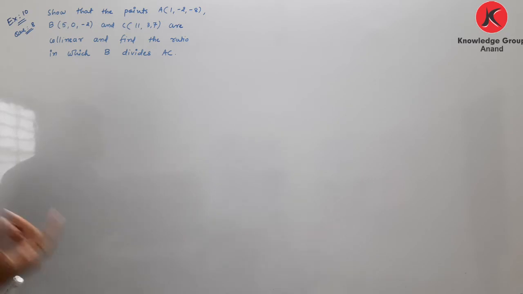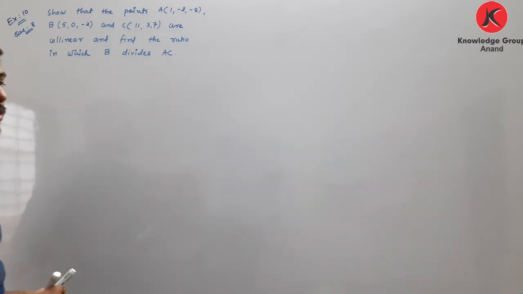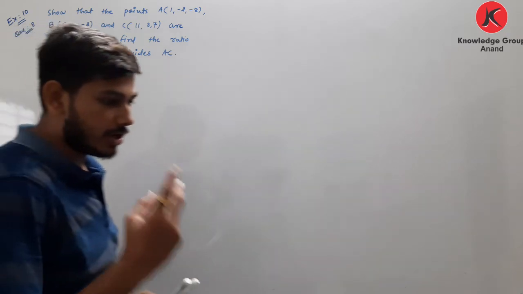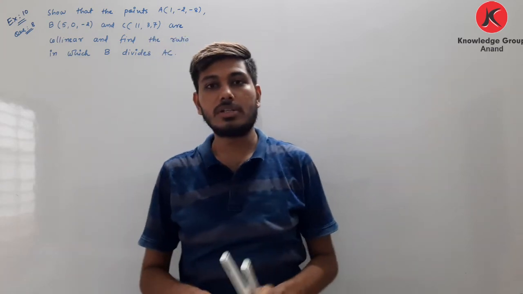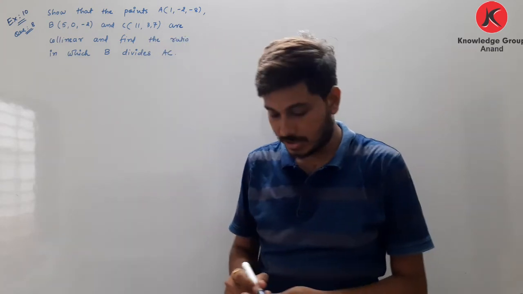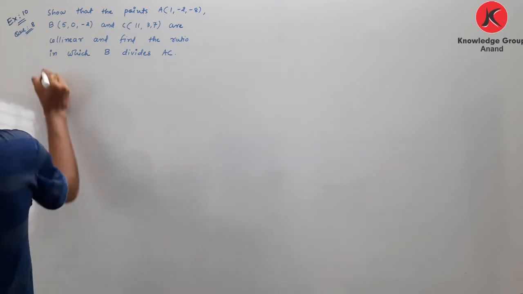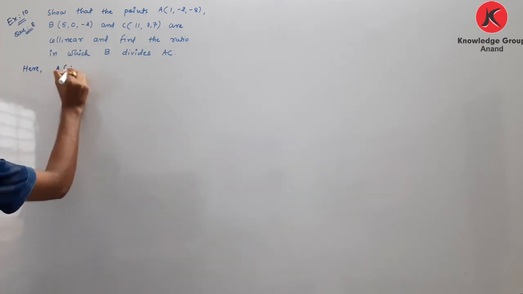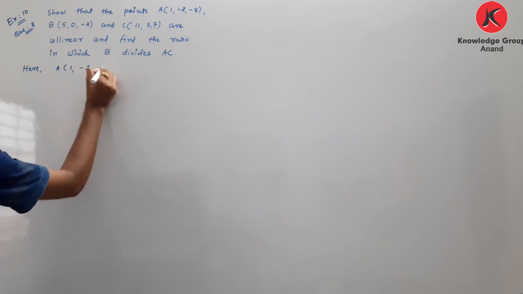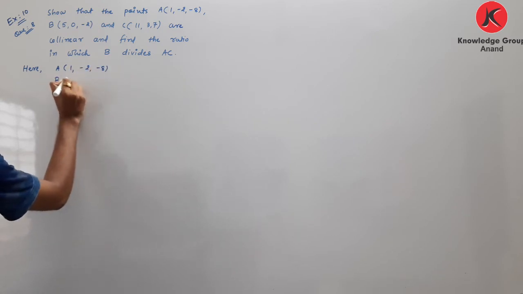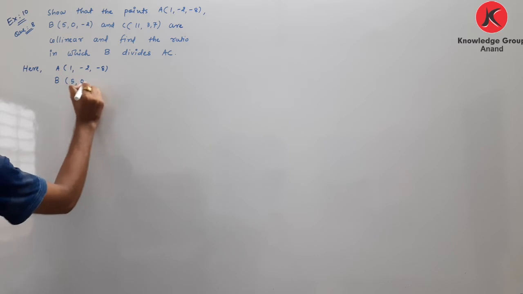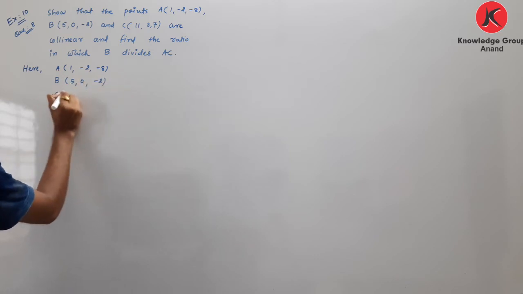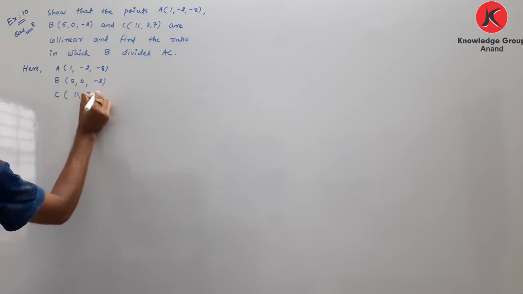How can we prove that? If the points are collinear, then the sum of any two distances equals the third distance. Here 3 points are given: point A having coordinates (1, -2, -8), B (5, 0, -2) and point C (11, 3, 7).